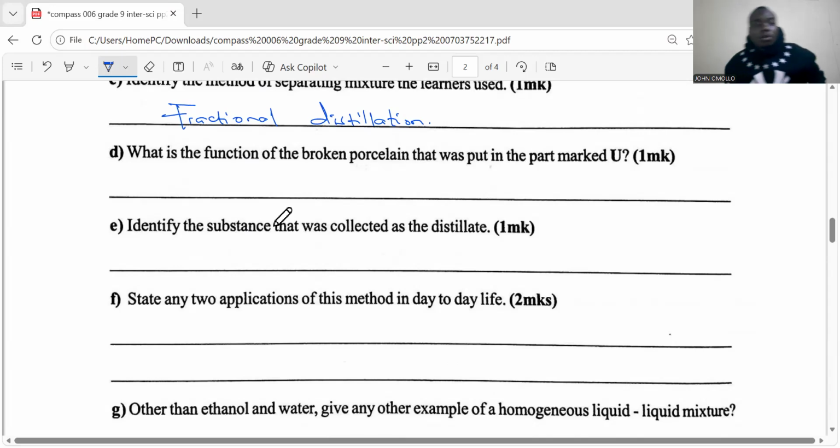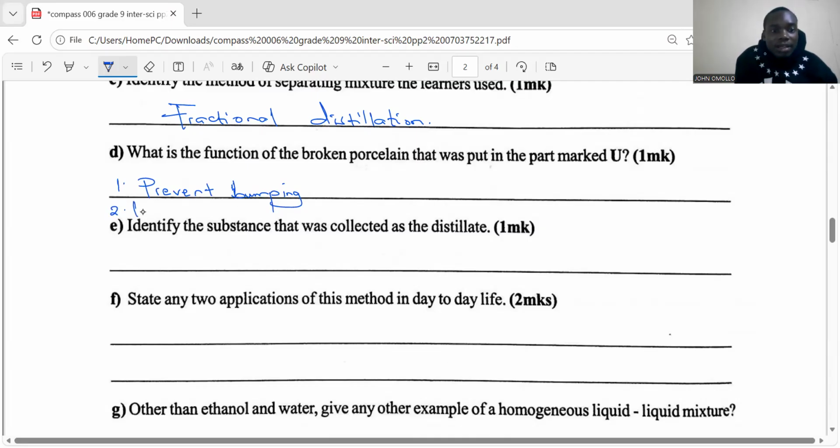Number D, or question D, what is the function of broken porcelain that was put in the part marked U? Now, the function of broken porcelain, there are two functions. Number one, Roman 1, prevent bumping. Remember, vapor is going to be formed. So that bumping is what we don't want. So broken porcelain prevents that bumping.